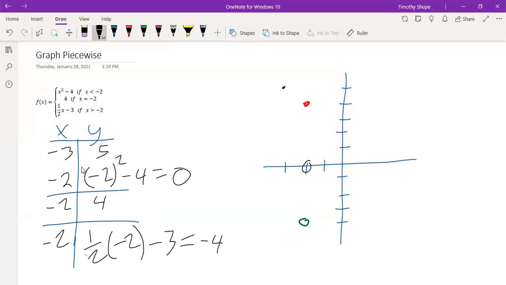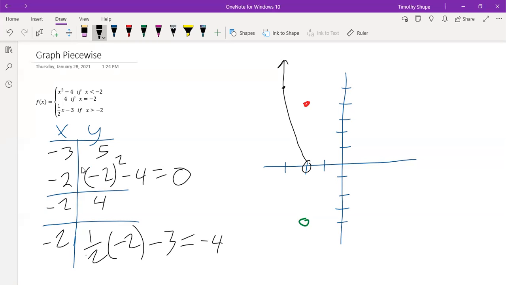I'm going to connect them with a curve so that it looks like a parabola. But I'm only going to connect it on the left side, because the inequality says x is less than -2. For the second piece, it only happens at one x value, when x is -2, and we've already put that point on the graph at -2, 4. So that second piece is done.